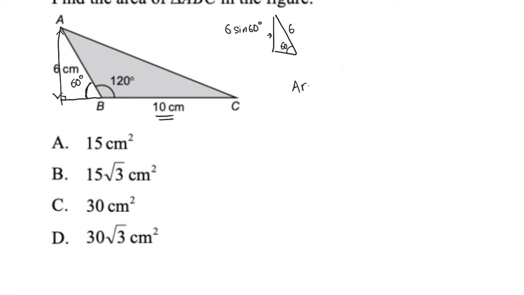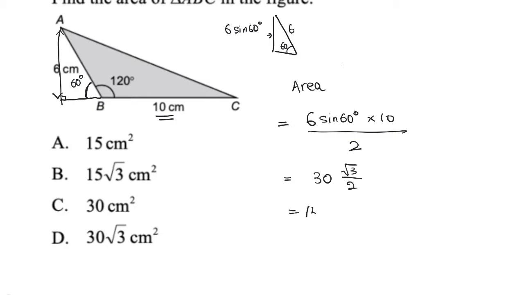Therefore, the area equals 6 sine 60 degrees times 10 divided by 2. So you will have 3 times 10, and then sine 60, change it back to this one. So you have 15 square root 3 with the unit like this.